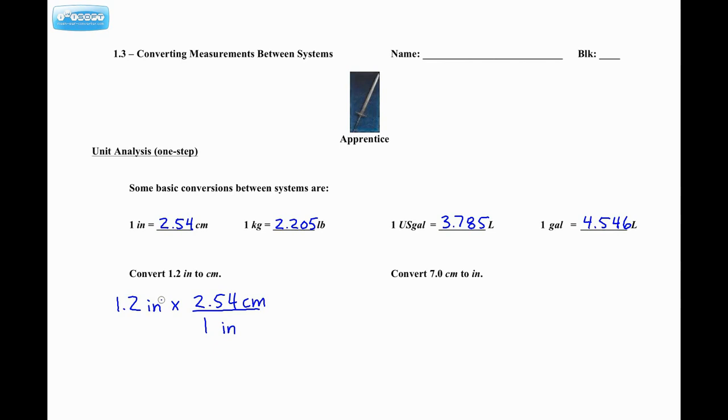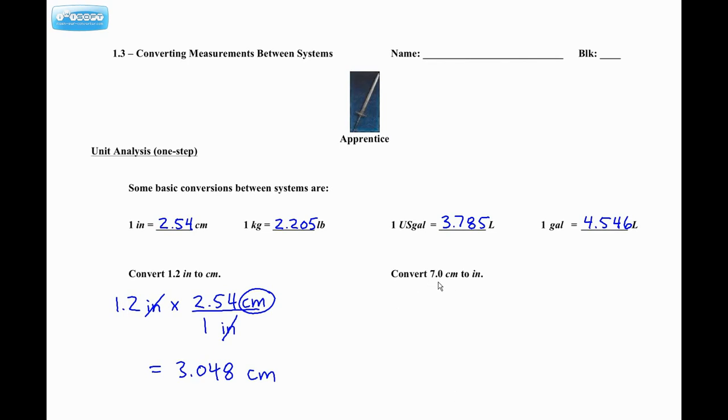And of course the fun part, I get to cancel my inches, and I'm left with centimeters on top. So to work it out, you just take your calculator and go 1.2 times 2.54, and you get 3.048 centimeters. Just over 3 centimeters.